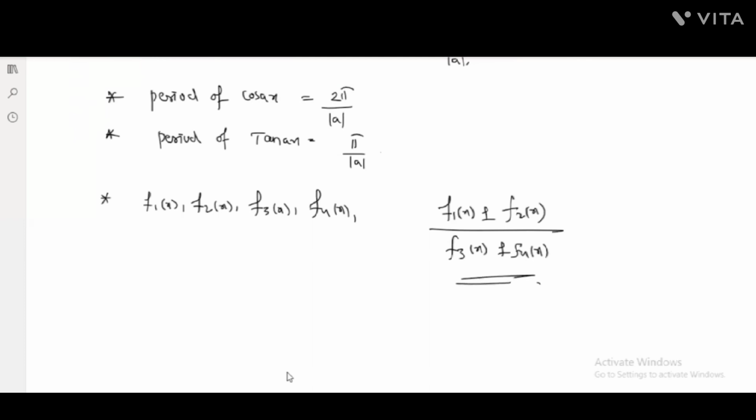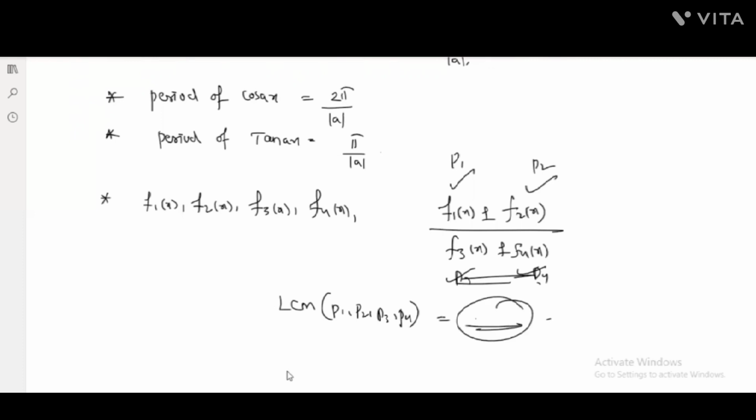When we see these kinds of things, we have to find the period of each function individually, and then take the LCM of the periods, let us assume P1, P2, P3, P4. So take the LCM of P1, P2, P3 and P4. Whatever we get, that is the period of the given function, the combination of all the terms.